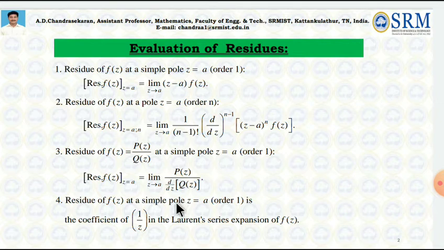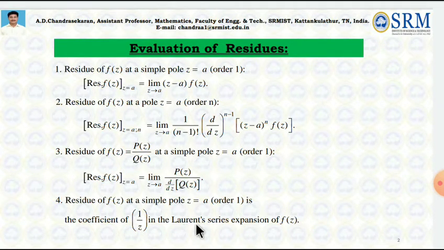The fourth and last method: suppose we want the residue of f of z at a simple pole z equal to a. In another way, we can expand the given f of z as a Laurent series expansion.